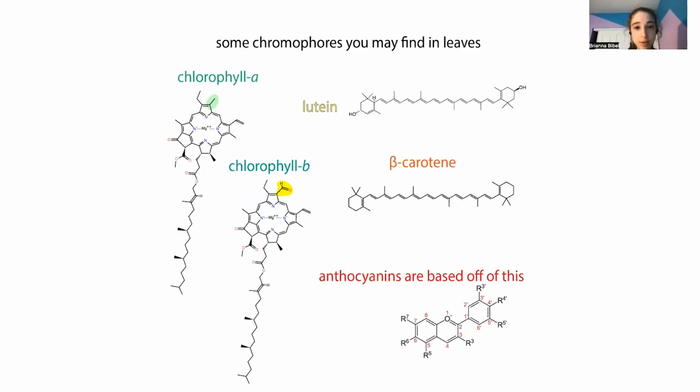Some other colors you might see can come from other compounds in the leaves, such as lutein and anthocyanins, which make things look red. What color a plant looks like also depends on its life cycle and when it decides it needs more or less of certain molecules. For example, during the fall, you start to see more of these colors come out.